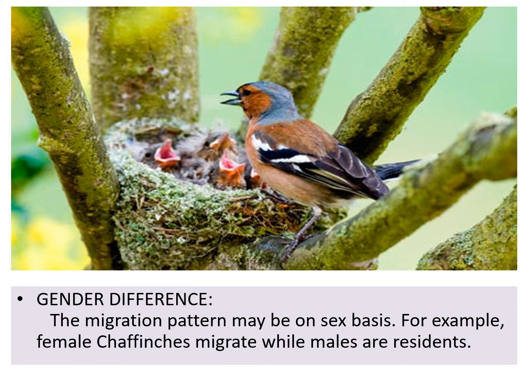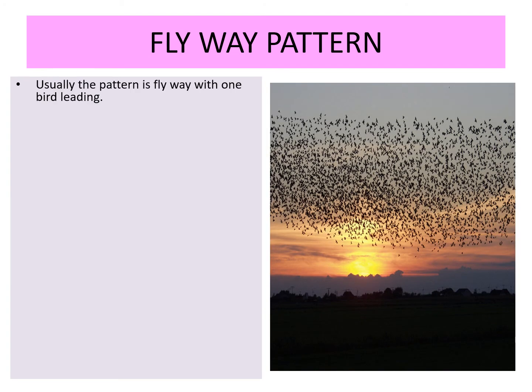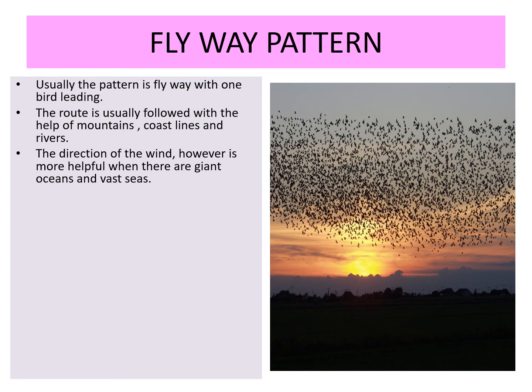For example, female chaffinches migrate while males are the residents. Flyway pattern. Usually the pattern is a flyway with one bird leading. A V-shaped pattern is shown. The route is usually followed with the help of mountains, coastlines and rivers.